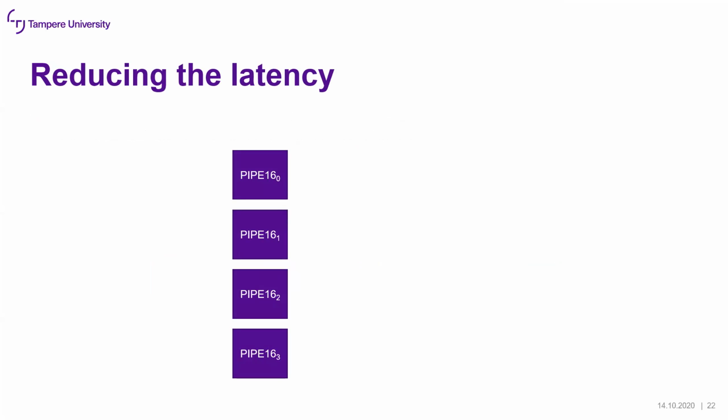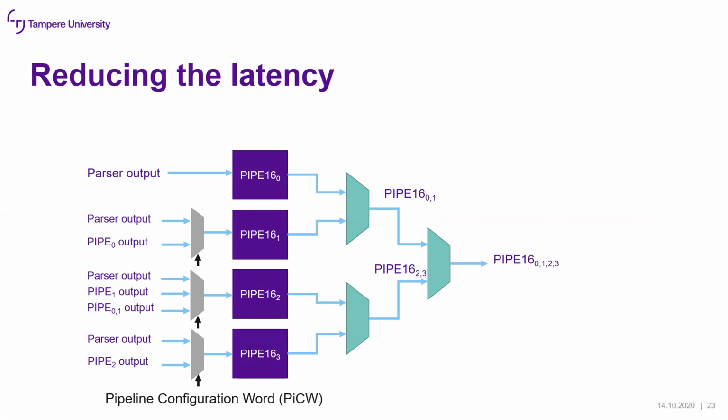Sometimes when you have deep memories, deep lookup tables, you can arrange these together so that some of these pipe 16 instances receive the same input. There are some multiplexers on the left-hand side, and the select value for them is provided by what we call the pipeline configuration board.